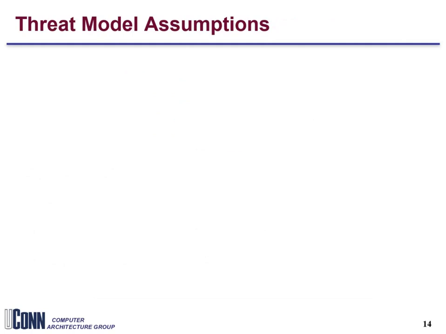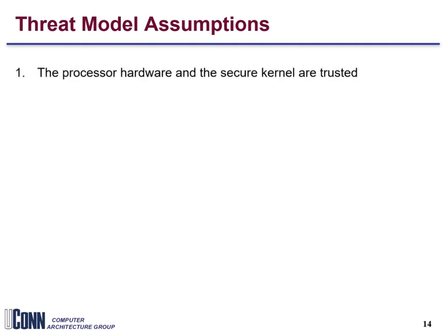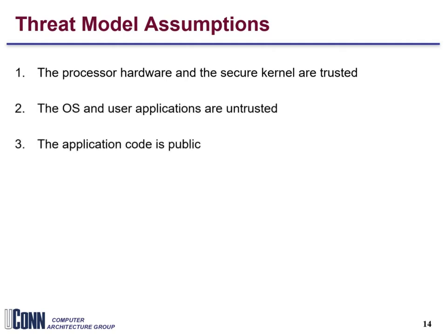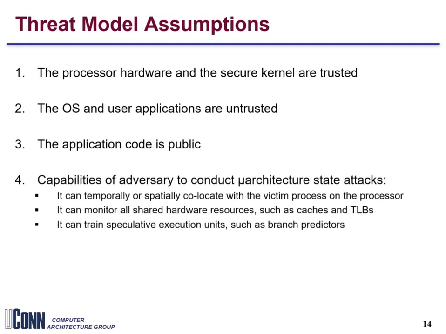The threat model assumptions considered in this work are adopted from the state-of-the-art MI6 secure processor, where the processor hardware and the secure kernel are assumed to be trusted, and the operating system and the user applications are assumed to be untrusted. The application code is assumed to be publicly available, and the adversary's capabilities to conduct microarchitecture state attacks are assumed: it can temporally or spatially collocate with the victim process on the processor.